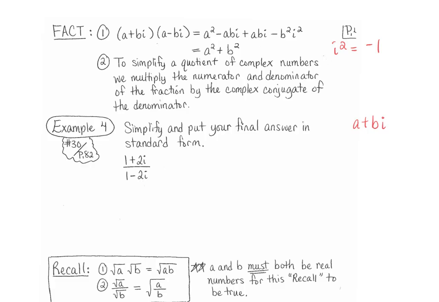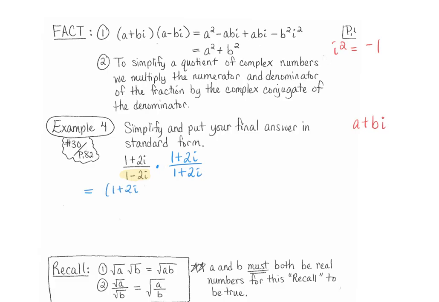So we have to multiply the numerator and the denominator by the complex conjugate of the denominator. Our denominator is 1 minus 2i, so we multiply both by its complex conjugate, which is 1 plus 2i over 1 plus 2i.